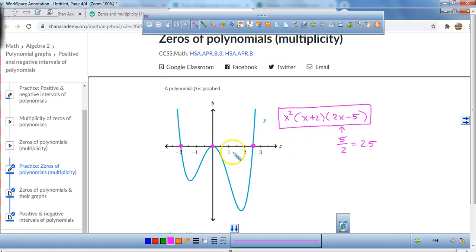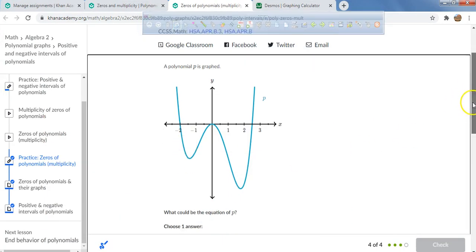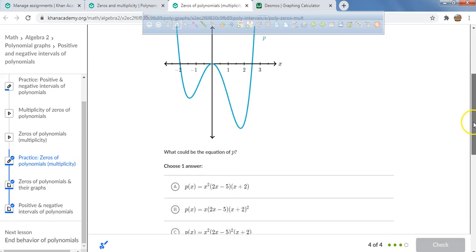And it has a multiplicity right there at 0, so it crosses only at negative 2 and positive 2.5. So that's what I'm going to be looking for: x squared, and then we have 2x minus 5 and x plus 2. And that could totally be our answer.